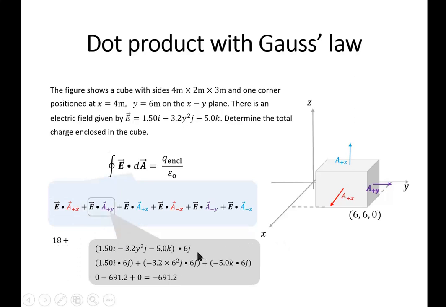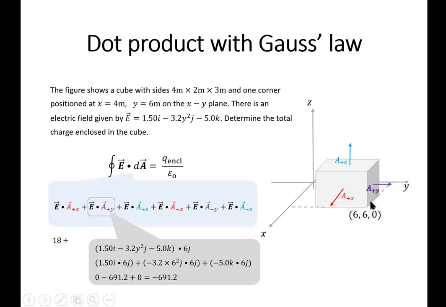We do the same thing, but this time around, there's one important thing about it. Because j dot j is not going to be 0, we need to also evaluate y squared here. So we are doing this one for a plus y. We need to find the surface where it is placed, and it is placed at y equals 6.